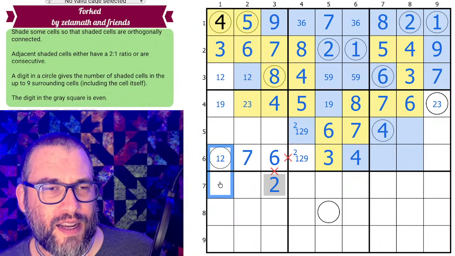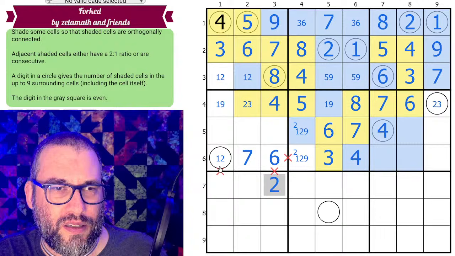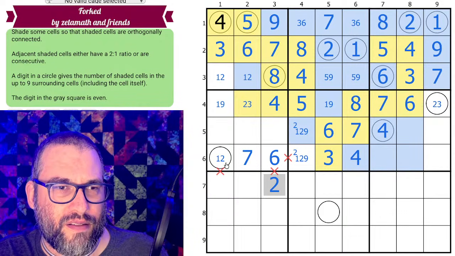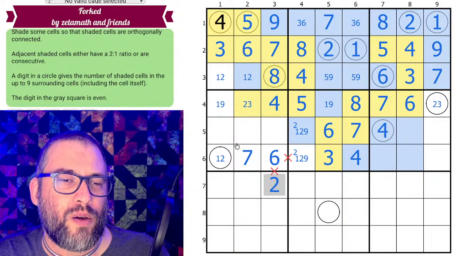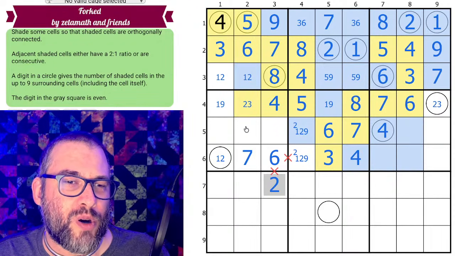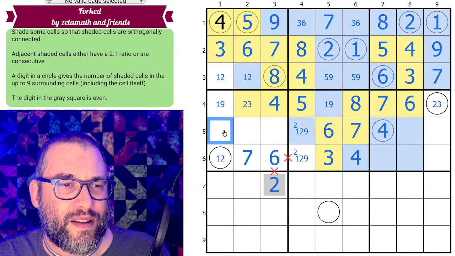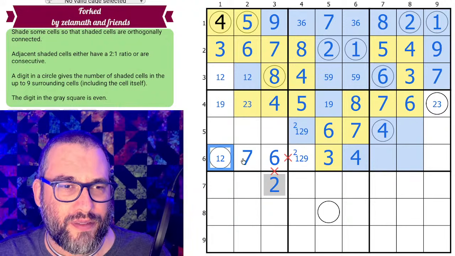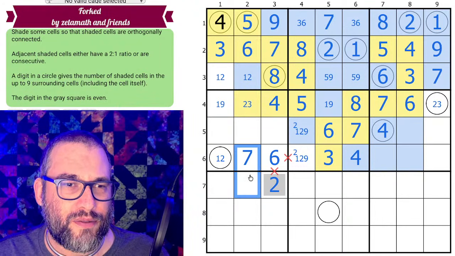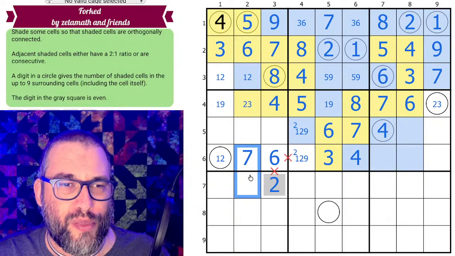We can't connect these. Well, what's more accurate to say is you can't get from box 4 to box 7 through this because it's not big enough. So we have to get from box 4 to box 7 through this.